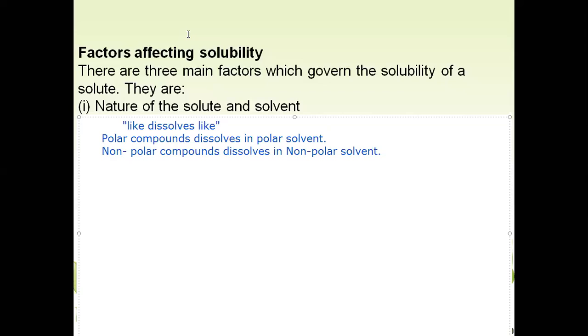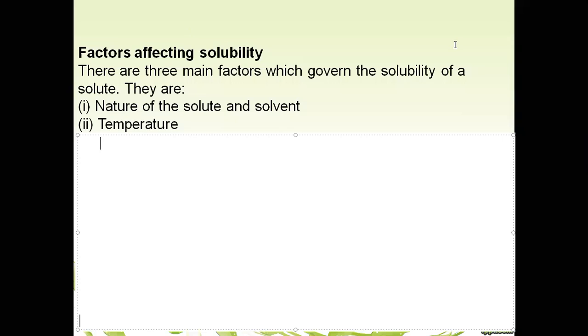The next one is the effect of temperature, that is, solubility of solids in liquid.